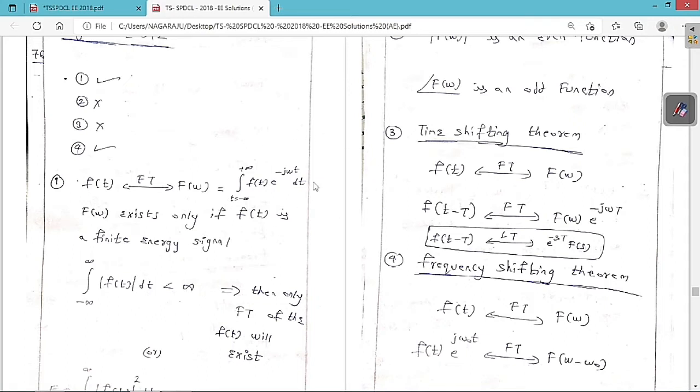Only if this value is finite will F(ω) exist. So whenever the signal is an energy signal, this value is finite, so F(ω) exists, and only then will the Fourier transform of f(t) exist.